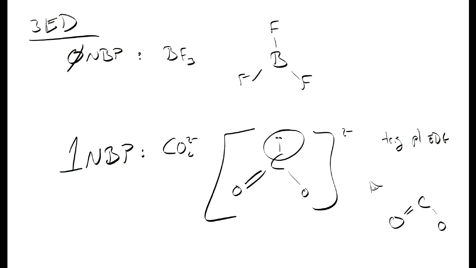We can't see the non-bonding pair. All we see is a bent molecule. And that is what we call it. We call it bent. Because sometimes we're not fancy. So those are the two possibilities when you have 3 electron domains. You can have 0 non-bonding pairs, in which case it is trigonal planar. Or you can have 1 non-bonding pair, in which case it is bent.